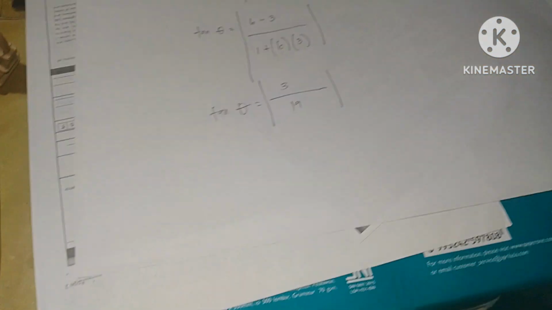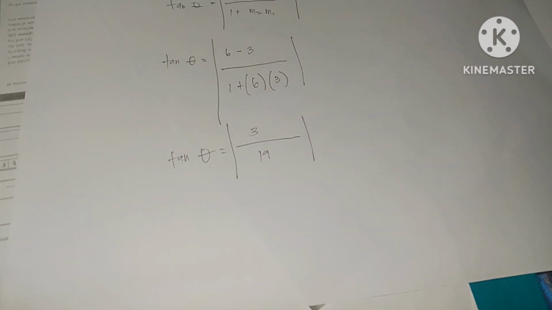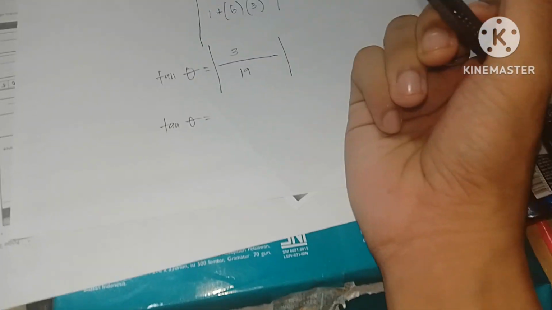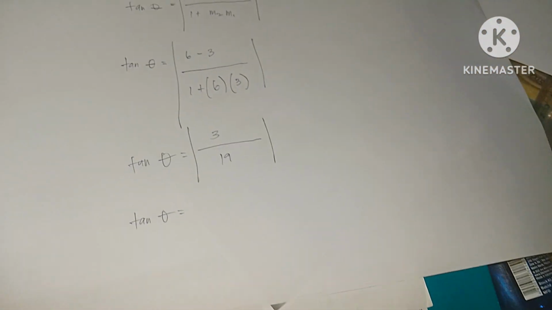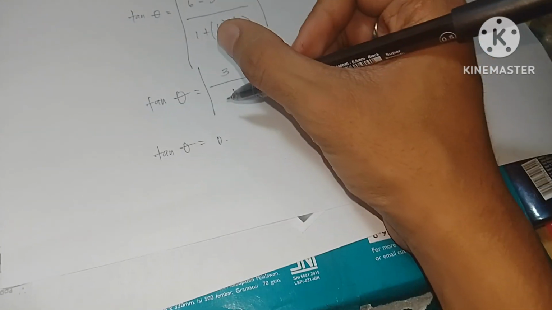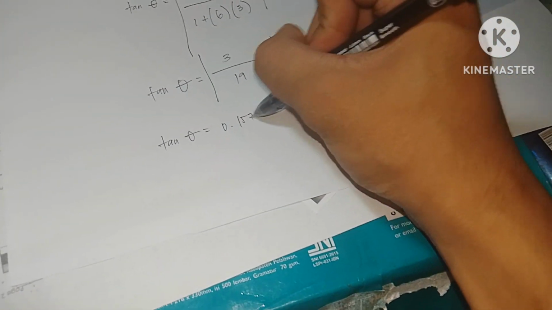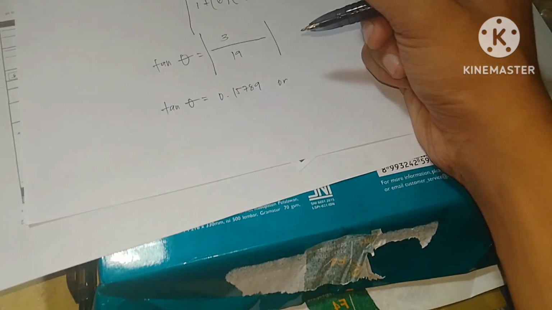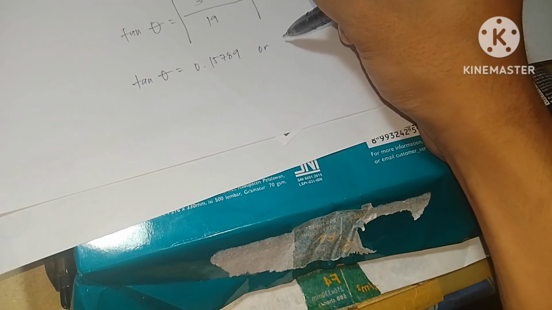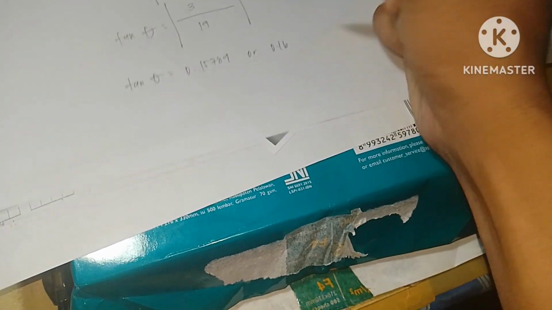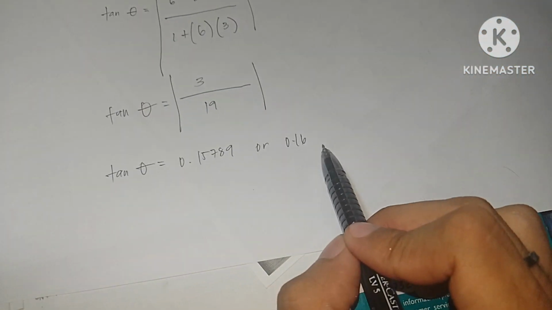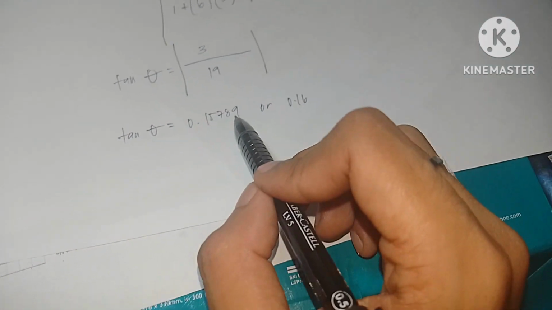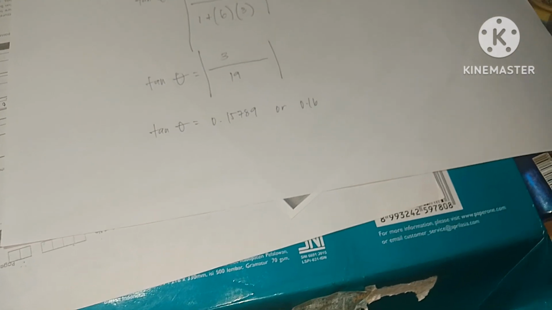Next, dividing 3 by 19, we get tan theta equal to 0.15789, or 0.16. You can use two decimal places, but I use the longer one because I want to get the closest answer possible.